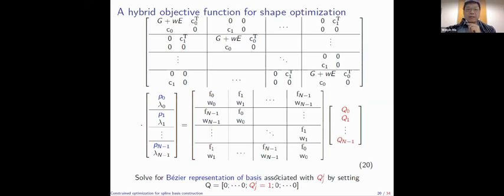If you see how this system looks like, you have C P equal W Q, where Pi are the collection of the Bezier control points of the local basis function or the local patches, and Qi are the collection of the global control points. So finally, we need to solve for all the basis functions through this linear system.